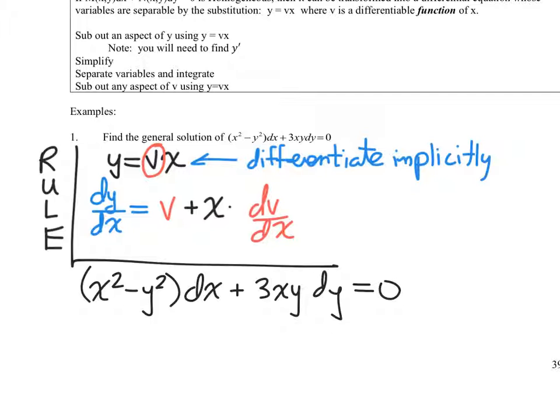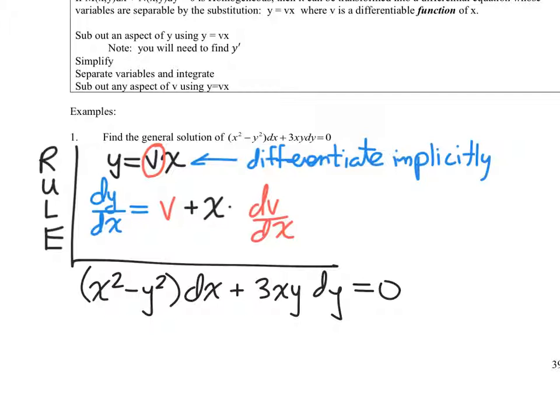Because if I need to substitute into my rule, well, I'd have to solve this for dy, then replace that, then solve it for dx, replace that. Solve this for v, replace that. So, well, actually, I would want to leave v alone. But it would be a mess. That's the long and short of it.